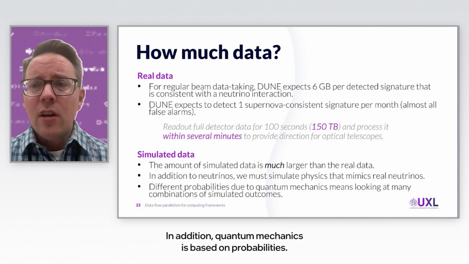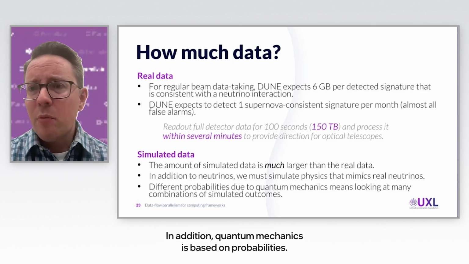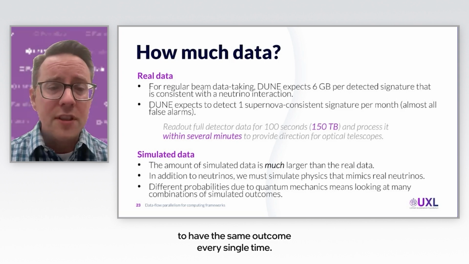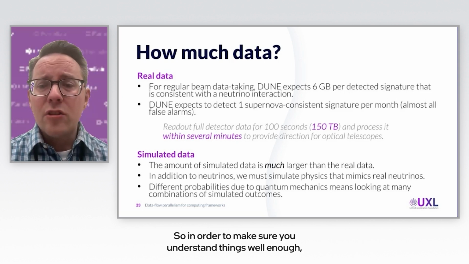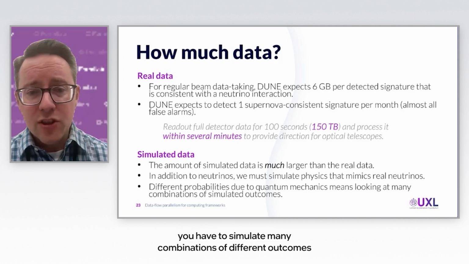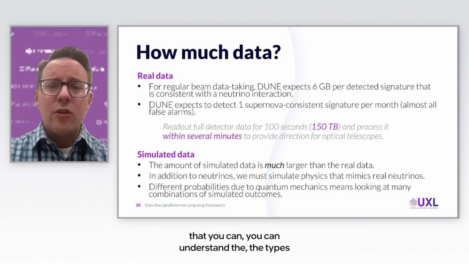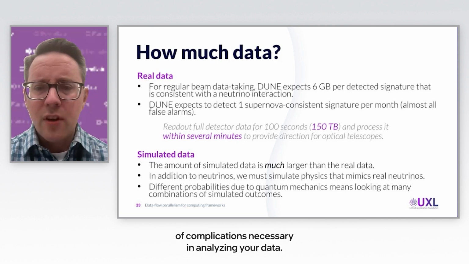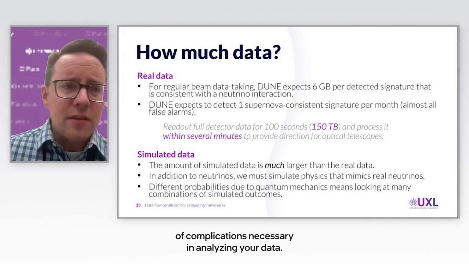In addition, quantum mechanics is based on probabilities. You are not guaranteed to have the same outcome every single time. So in order to make sure you understand things well enough, you have to simulate many combinations of different outcomes so that you can understand the types of complications necessary in analyzing your data.